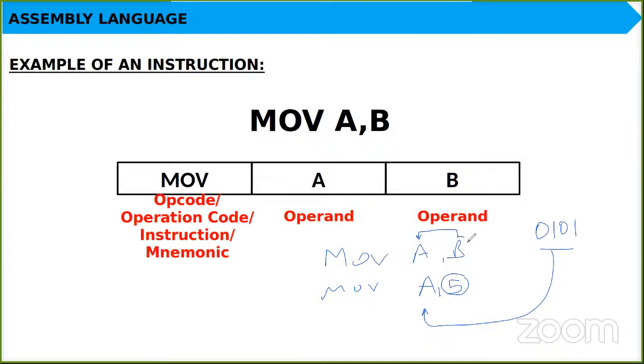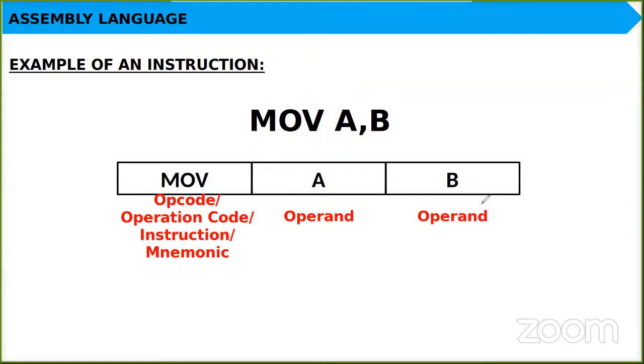But if I talk of B, the data is first going to get stored in B and then move into A and all. Okay, so these are called as different addressing modes. So either you can write like this: move A comma B or move A comma 5. All right. So what do you think should be the actual way in which it happens?